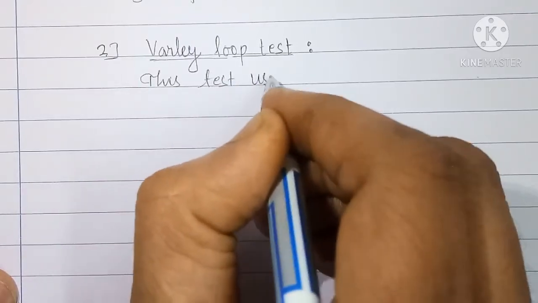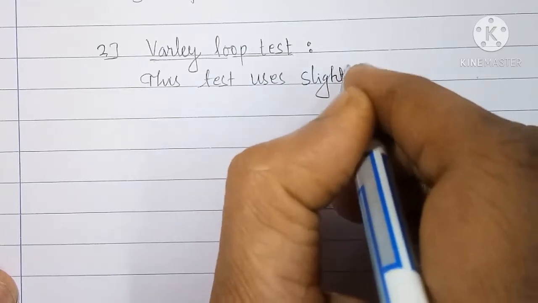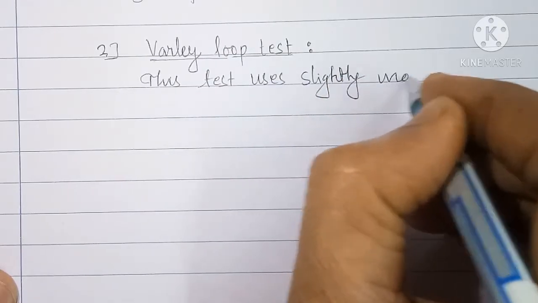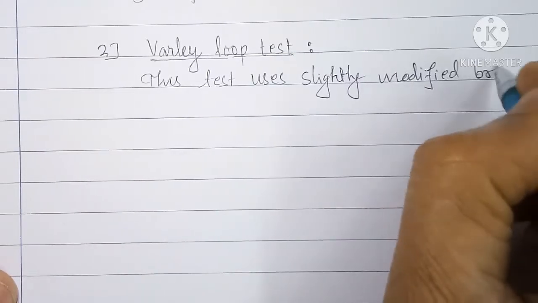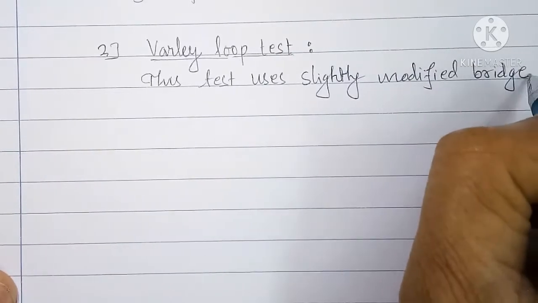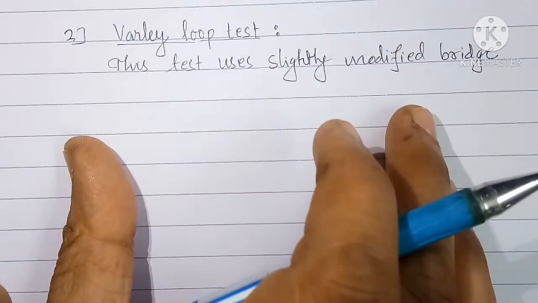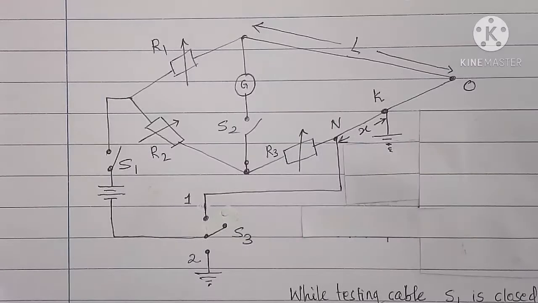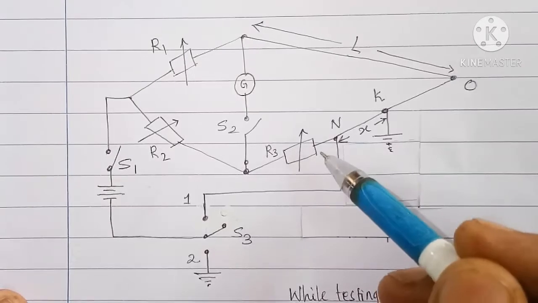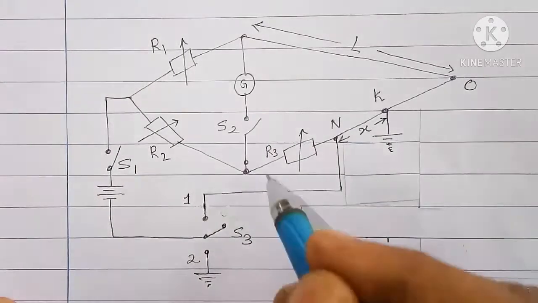Now I will show you here the bridge used in Worley loop test. This is the bridge used in Worley loop test. You can see some modifications here.